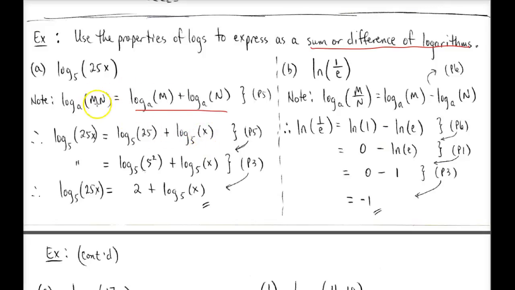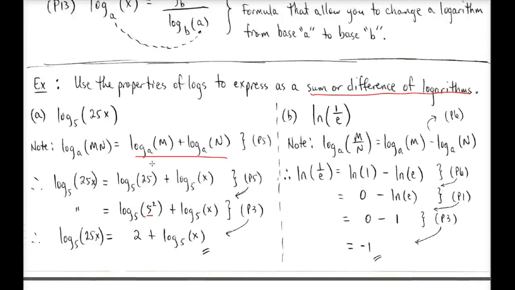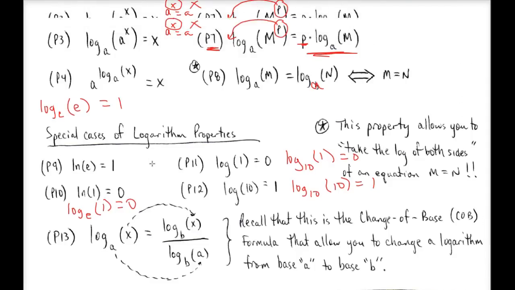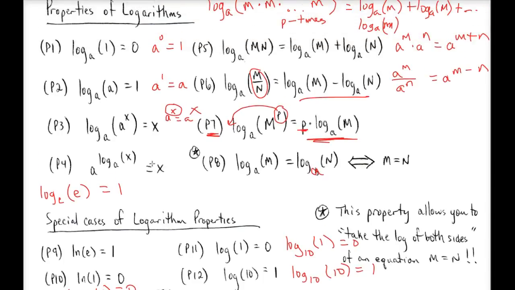Now, for log base 5 of 25, 25 can be written as 5 squared. And log base 5 of 5 squared fits the same profile as property number 3.